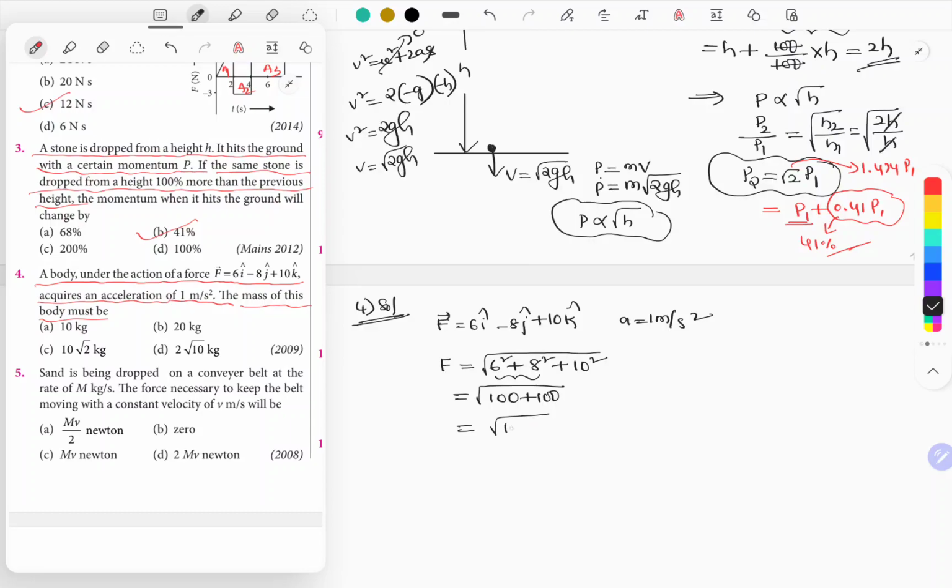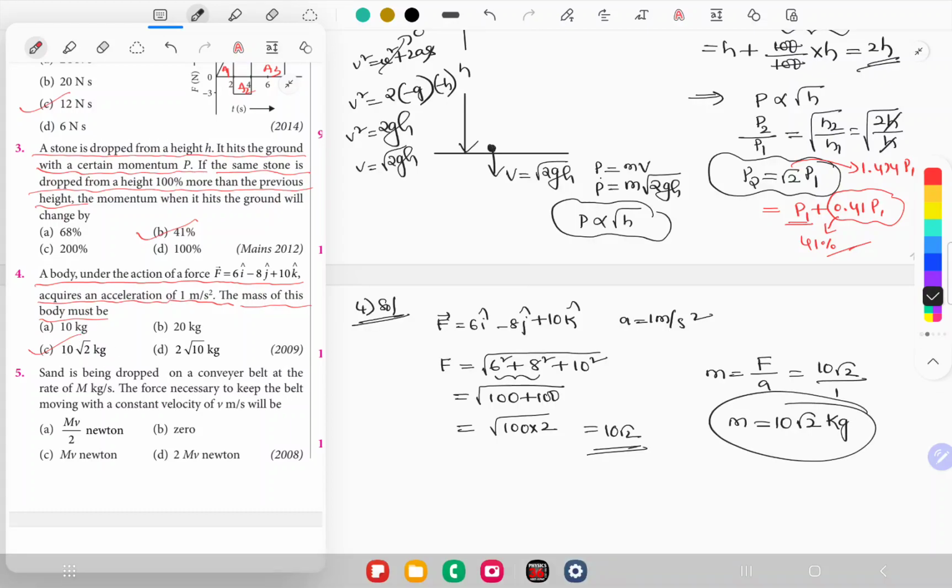So root of 100 into 2, then 100 comes outside, you are going to get 10 root 2. This is the magnitude of force acting on that particle. The magnitude of acceleration is also known, then mass is equal to F by a, where F is 10 root 2 and acceleration is 1. The mass of that object is equal to 10 root 2 kg. Which option is correct? Option C is correct.